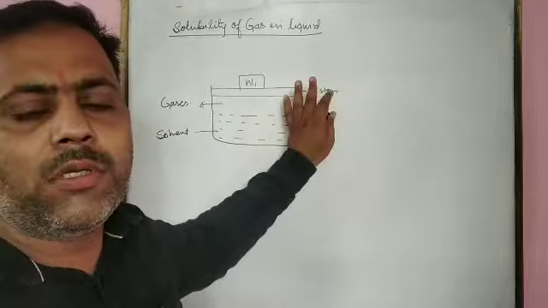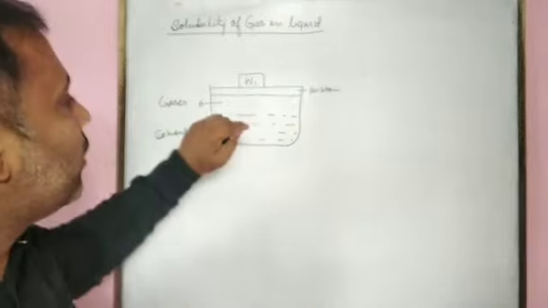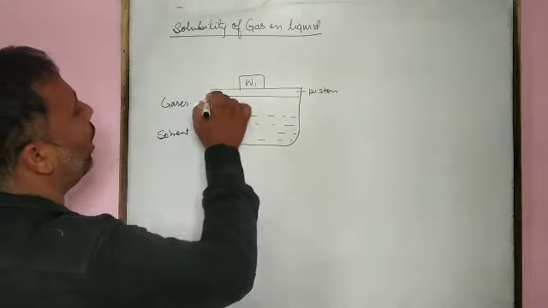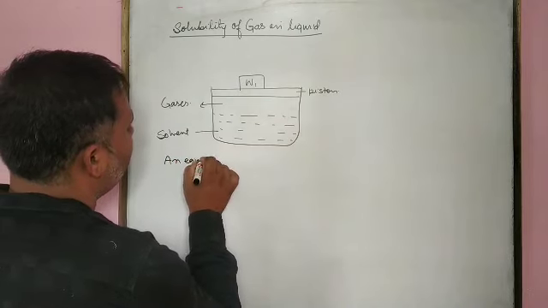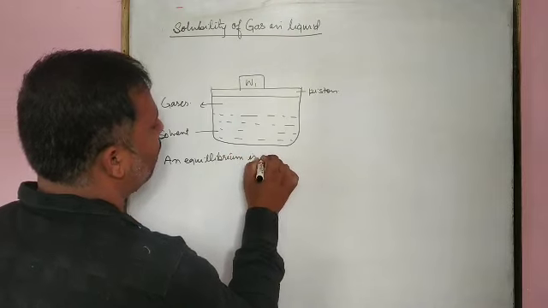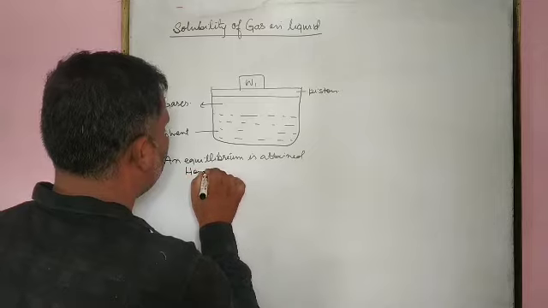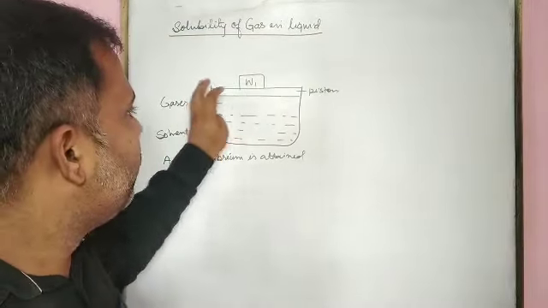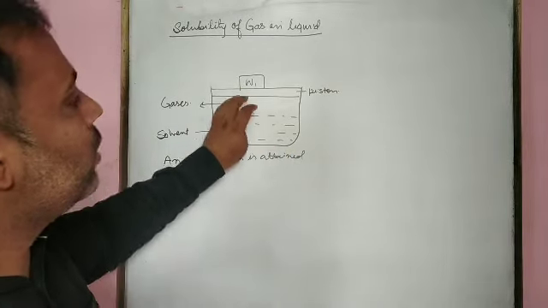When we have such conditions, such apparatus, an equilibrium is attained. It means when we have a closed system, what is the equilibrium?